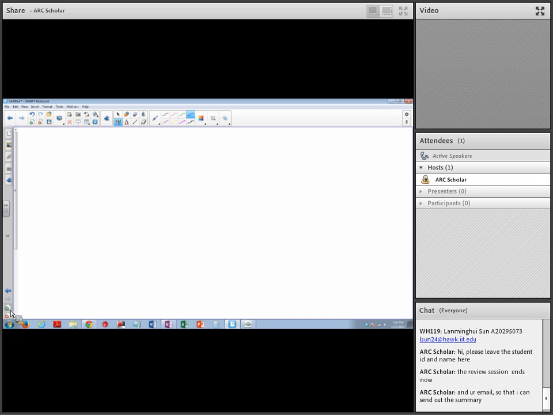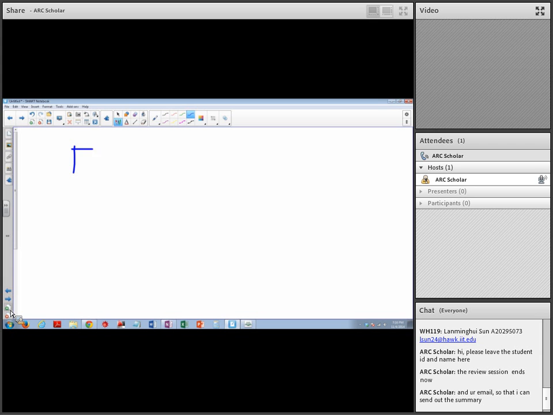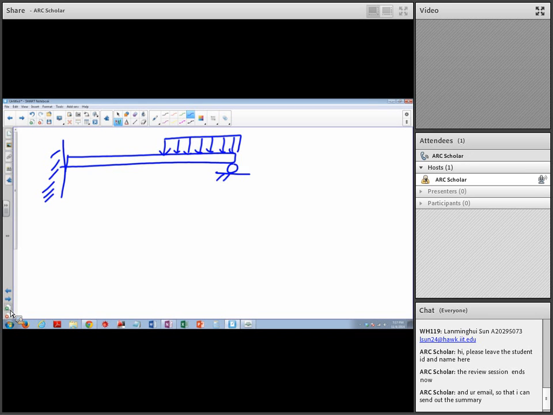Okay, so let's just try to see. If this is a question and you need to draw the moment diagram, the first thing you need to do is draw the free body diagram.